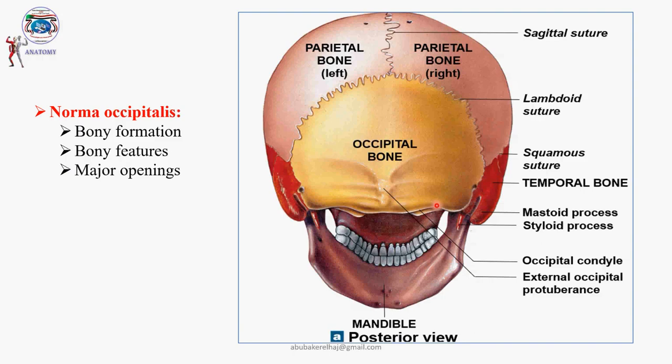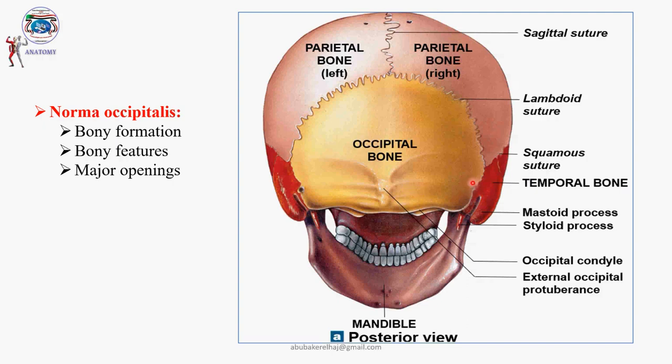Then we have the most dominant feature in the middle part of the norma occipitalis, which is called the external occipital protuberance, and two lines radiate laterally from this area, called the superior nuchal line and inferior nuchal line. These lines give attachment for the muscles of the back, or muscles related to the back of the neck.